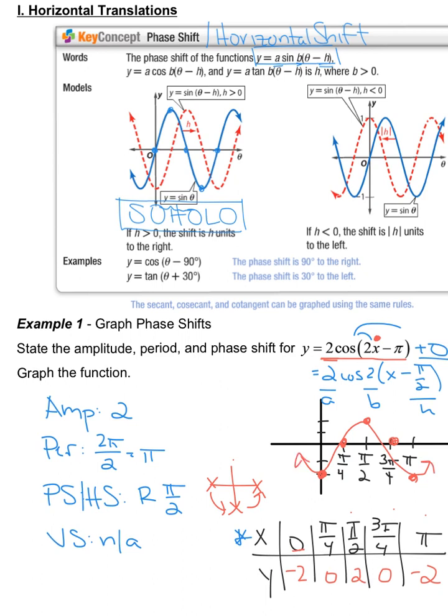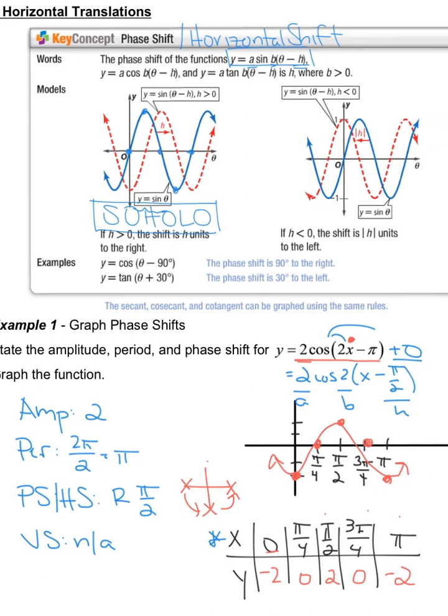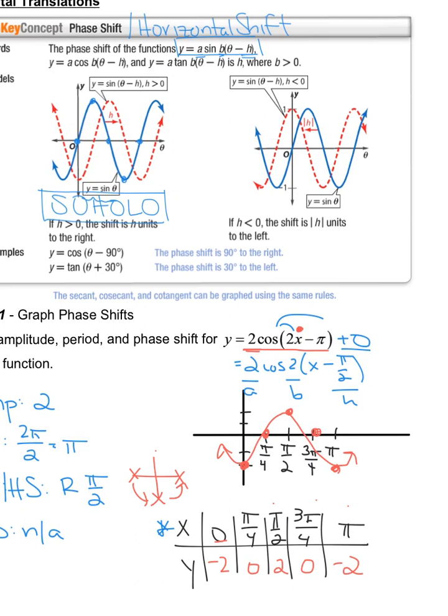Okay, so acronym time. Sine was solo, cosine is actually cholo. And if we think about this, it still makes sense because our graph shifted right pi halves. And with cosine, if you remember, cosine always starts at a peak. So high, 0, low, 0, high.